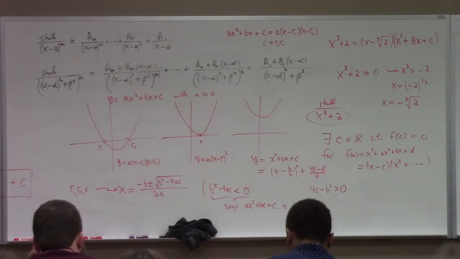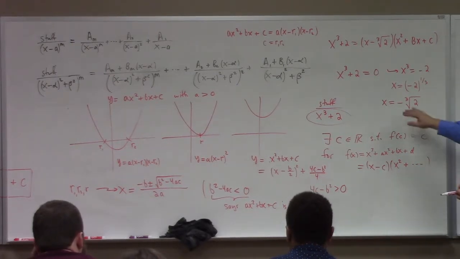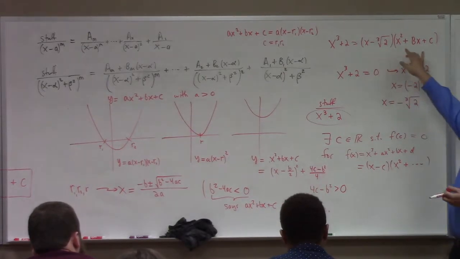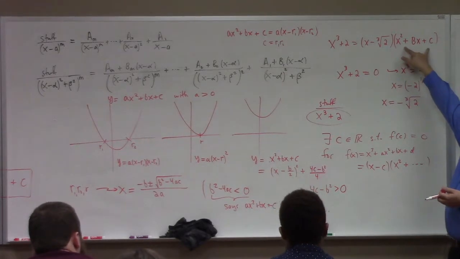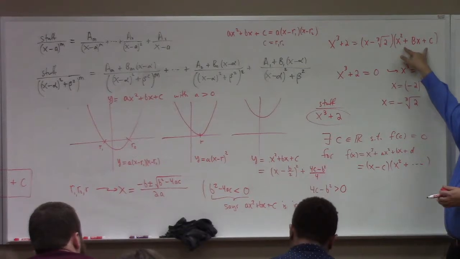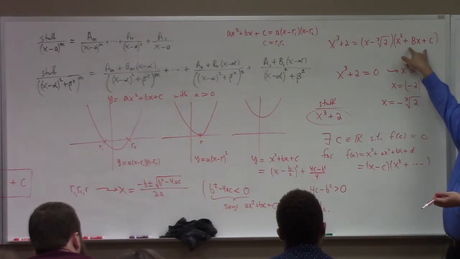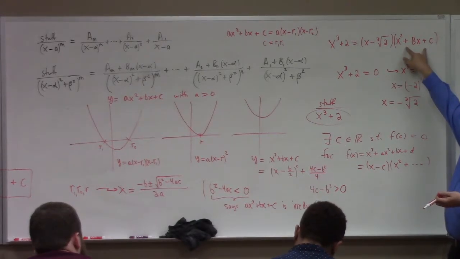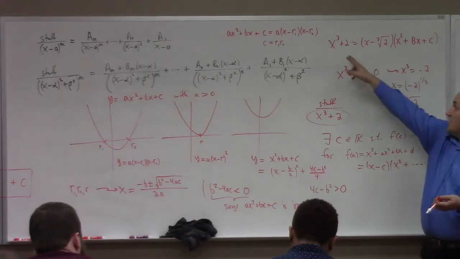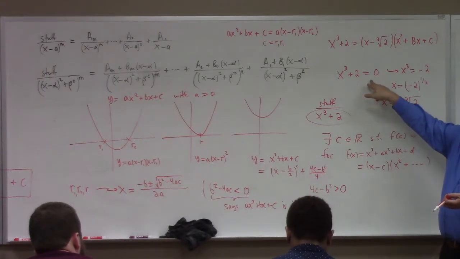The reason I'm talking about all this, you asked me about x cubed plus 2, right? Now, it's a pain to find the b and c here, but I have an intuition. In fact, I know that this will be an irreducible quadratic for this problem. Part of the reason I know that is if this was not an irreducible quadratic, there would be other real zeros to the equation x cubed plus 2 equals 0, but I know they're not.